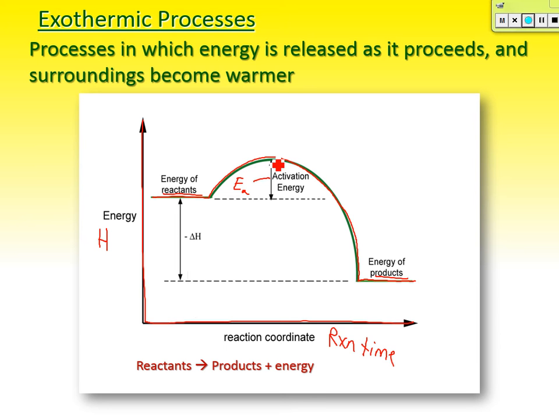One more important thing to label. The energy difference from where you start to where we end up in the products. So this energy difference here is called delta H. For exothermic reactions, delta H is always going to be negative. We lose heat energy.